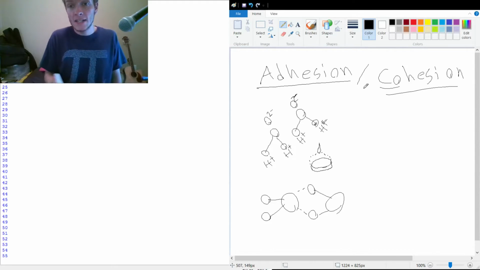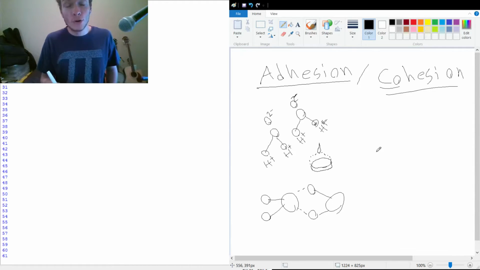The other one is adhesion, and adhesion is simply an attraction between unlike particles. So water, being polar, can be relatively attracted to other particles.